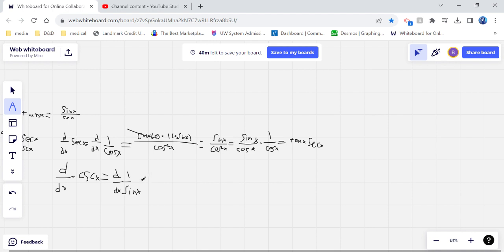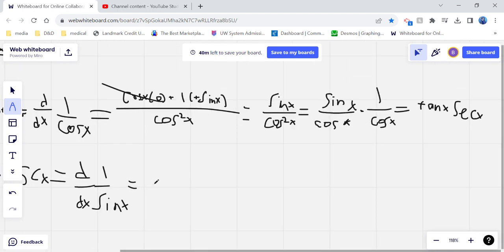And then again, we approach this using the quotient rule. So I'll say, take low d high, and that first term is knocked out, right? So we basically have 0, because the derivative of the top function is 0. And then we subtract high, which is just 1, times d low, which is cosine of x, right?